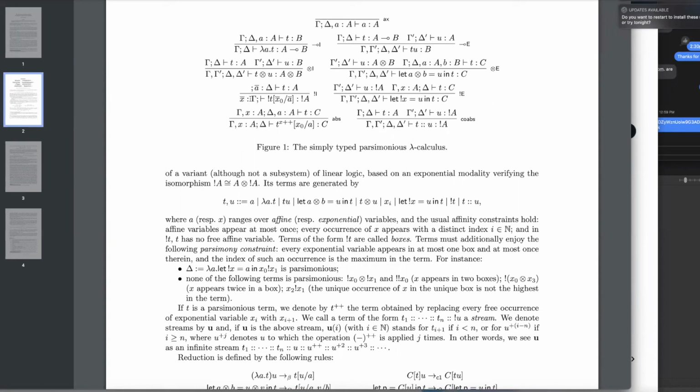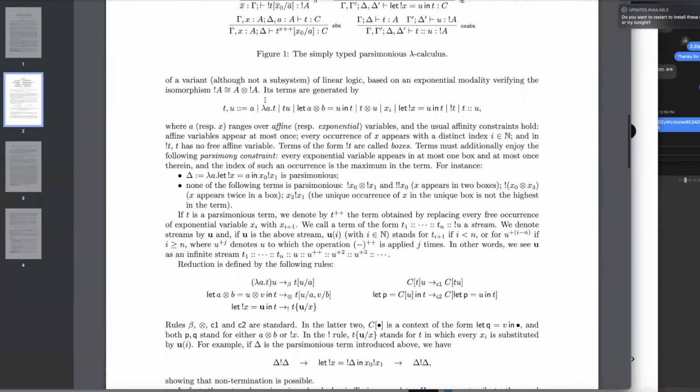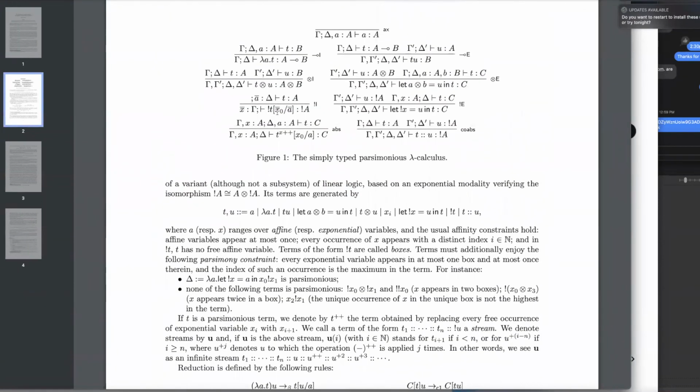And now I'm going to get some exponential variables, and I'm going to replace them with the affine variables in T, giving bang T. Just make sure I've got this substitution. Yeah, X for A. It's a bridge between the world of variables.